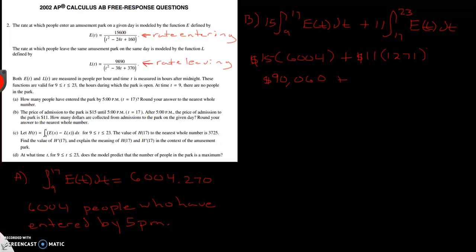Plus this was 13,981, which made a grand total of $104,041 collected. I don't need that part because it's already in dollars, so let me erase that. So I can put dollars collected.